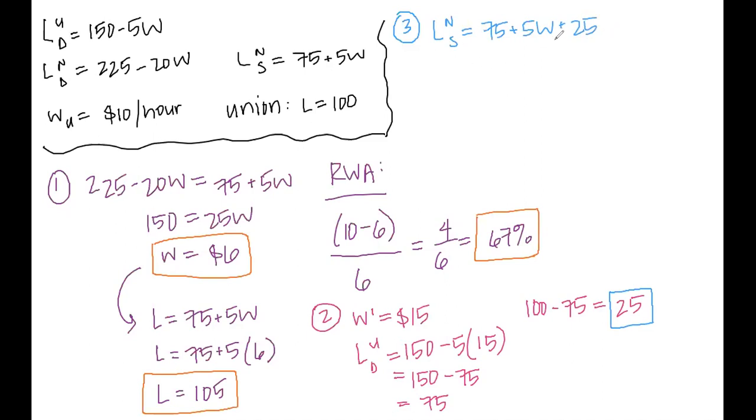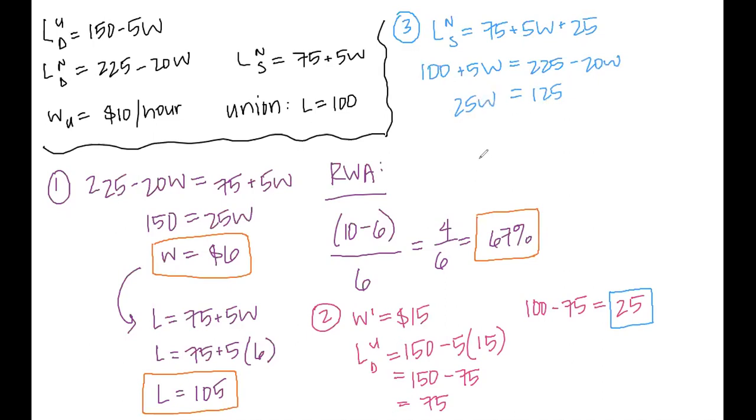So we can take this equation, 75 and 25 becomes 100. So 100 plus 5W. We can set that equal to our demand equation, which is 225 minus 20W, and then solve it out. Subtracting 100 from both sides, we get 125 on the right, and then adding 20W on each side, we get 25W on the left.